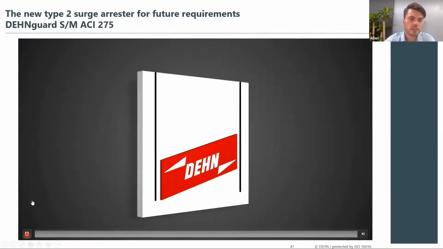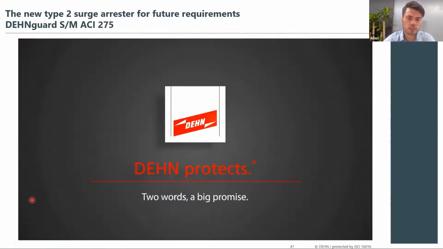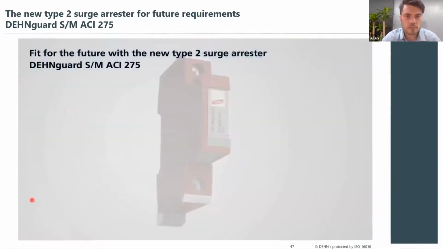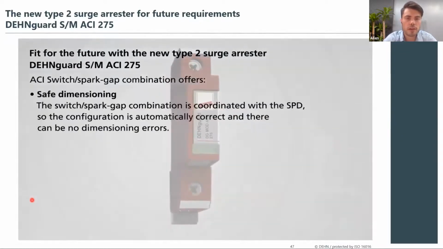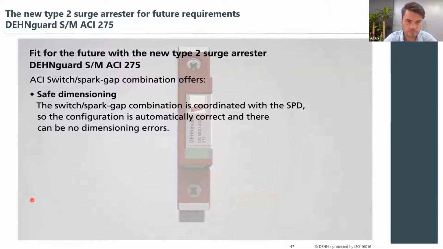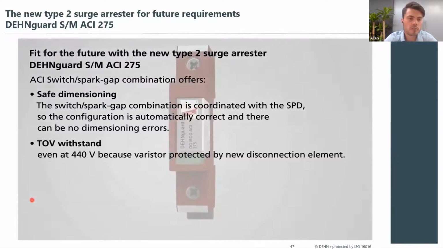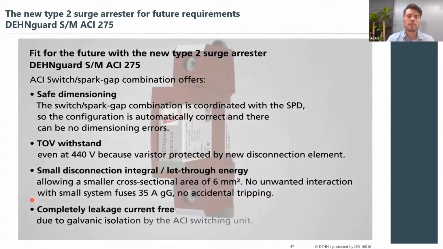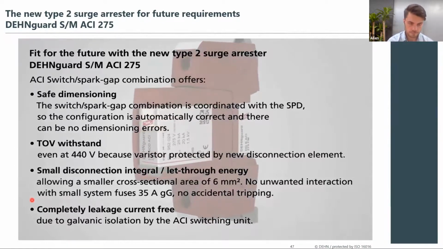So we have a video that shows how the ACI technology works during a fault condition. Our ACI DEHNguard is our type 2 surge protection device. And as I mentioned, the new switch spark gap technology provides safe dimensioning, gives you higher temporary overvoltage withstand capabilities, as well as a small let-through energy going through to your downstream electrical devices.